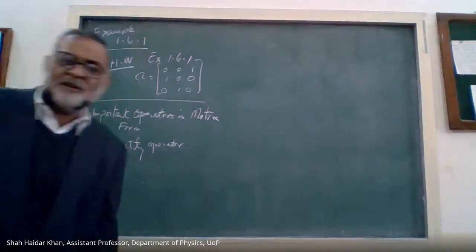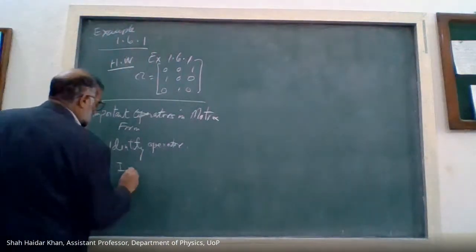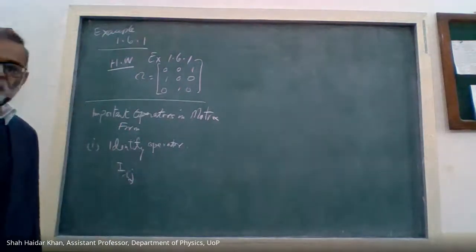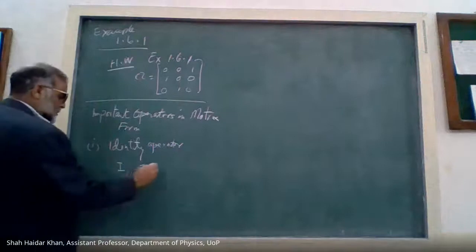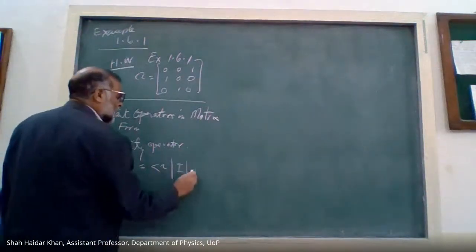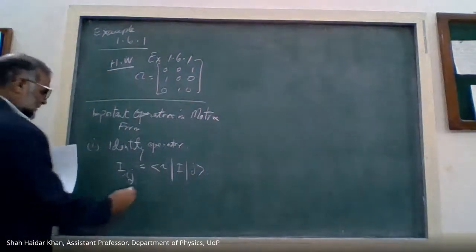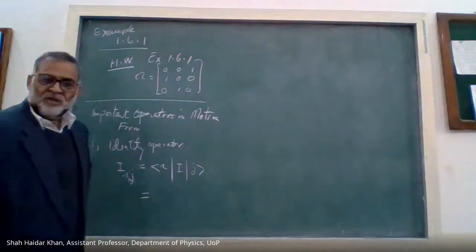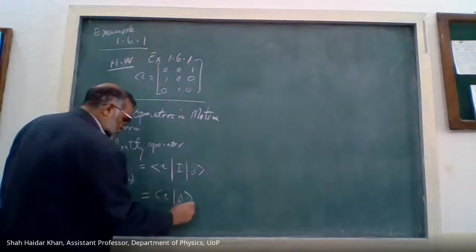If we represent the matrix element of the identity operator by ij, you can obtain it from i acting on j. We know the action of the identity on j is j. So it is i and j.